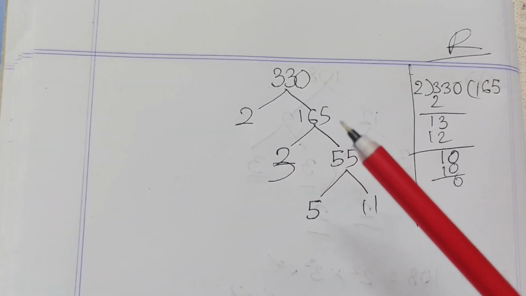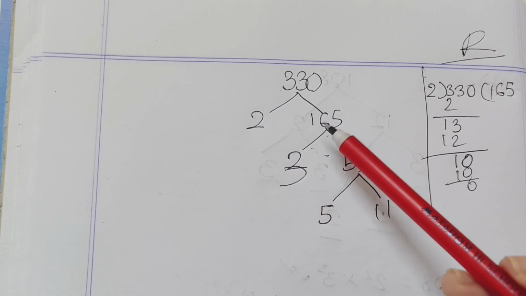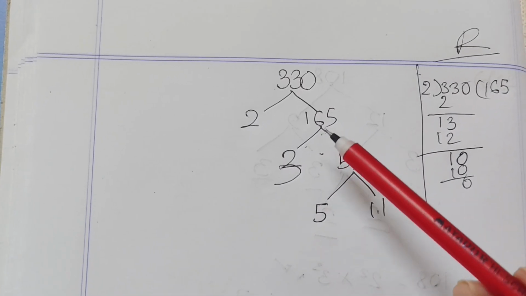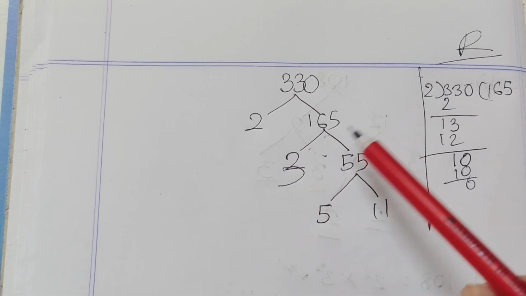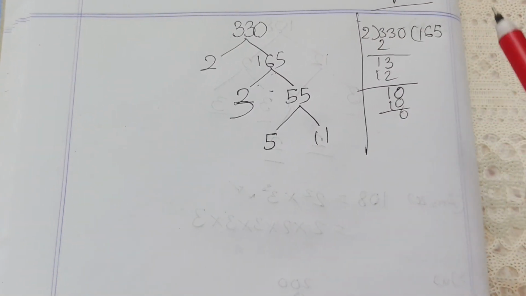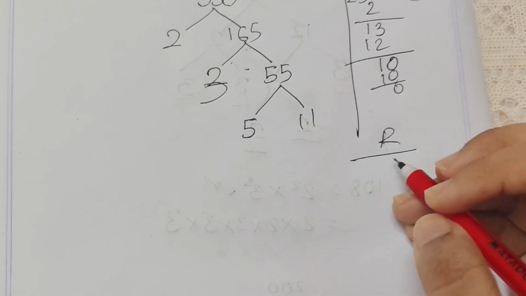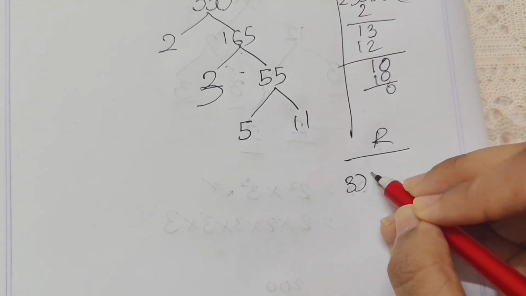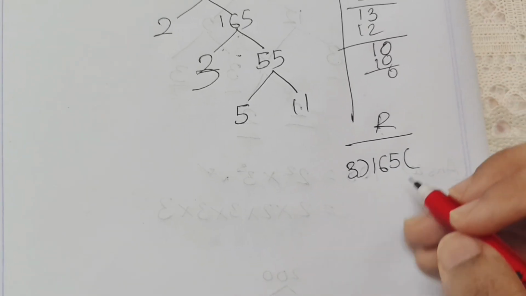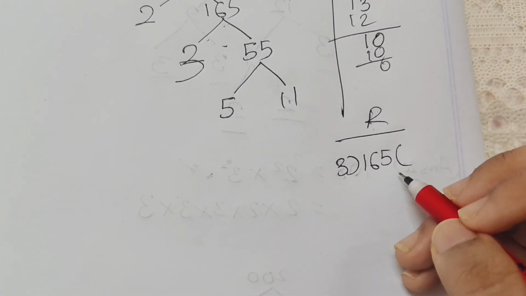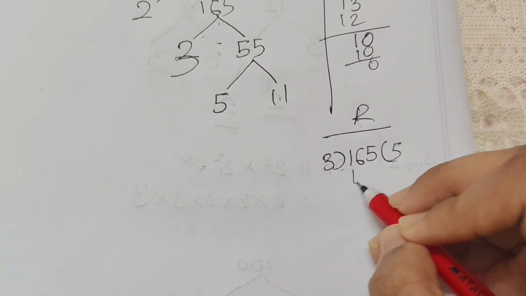And always remember, if you want to know if a number is divisible by 3, you add all the digits in the number, and if that sum is divisible by 3, then the whole number is divisible by 3. Anyways, going back to our rough, if we divide it by 3, we get 3 multiplied by 5, we get 15.